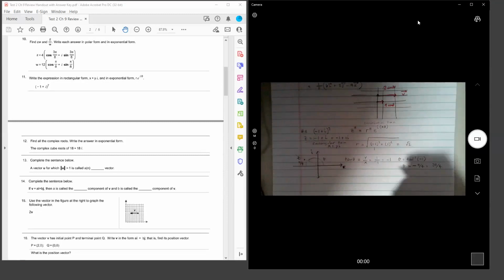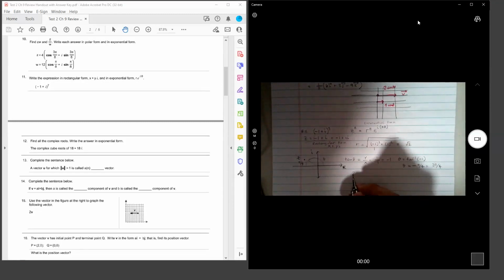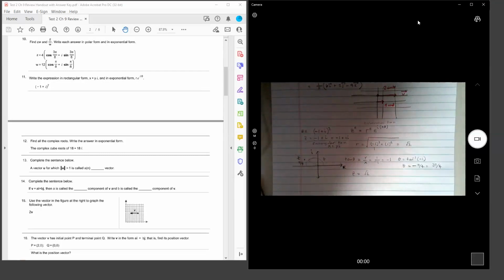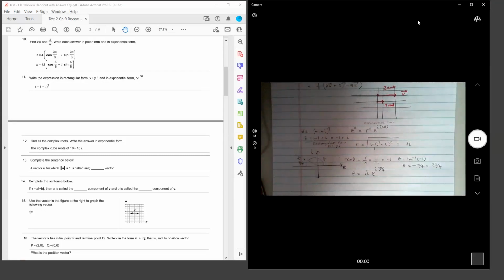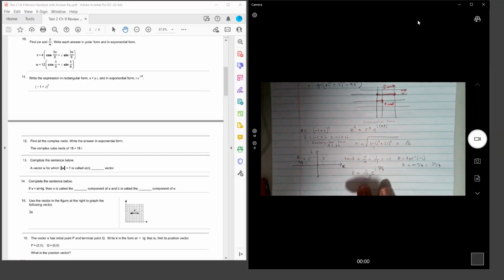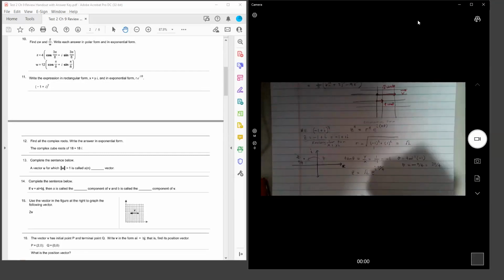All right, so now we can say that this complex number z is the square root of 2 times e raised to the power of i, 3 pi over 4. And now that it is in exponential form, we can go ahead and raise it to the 7th power.